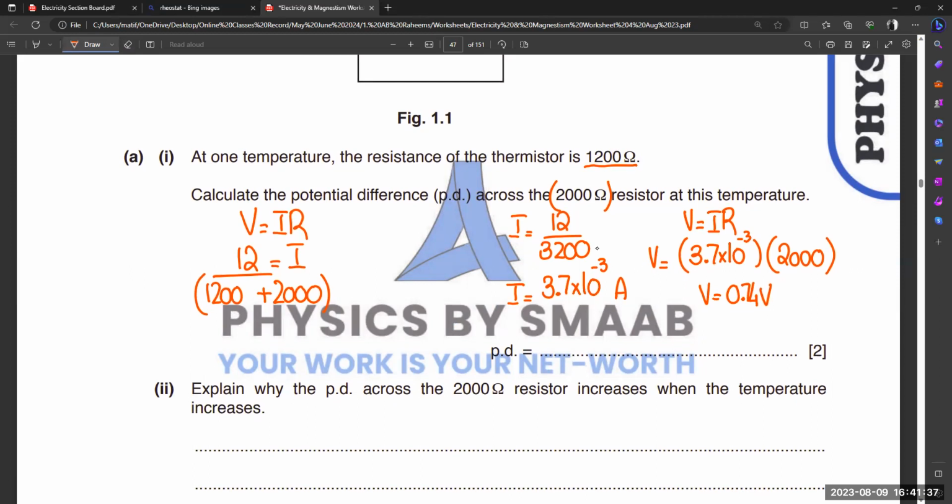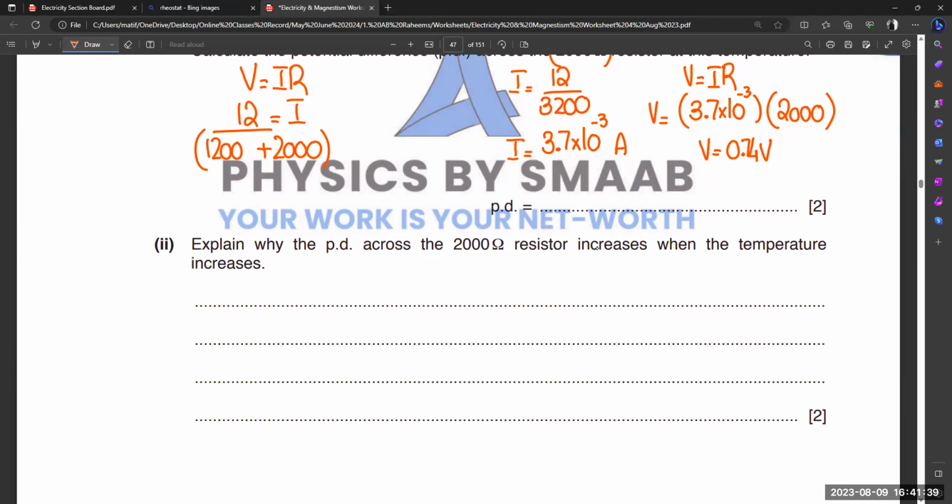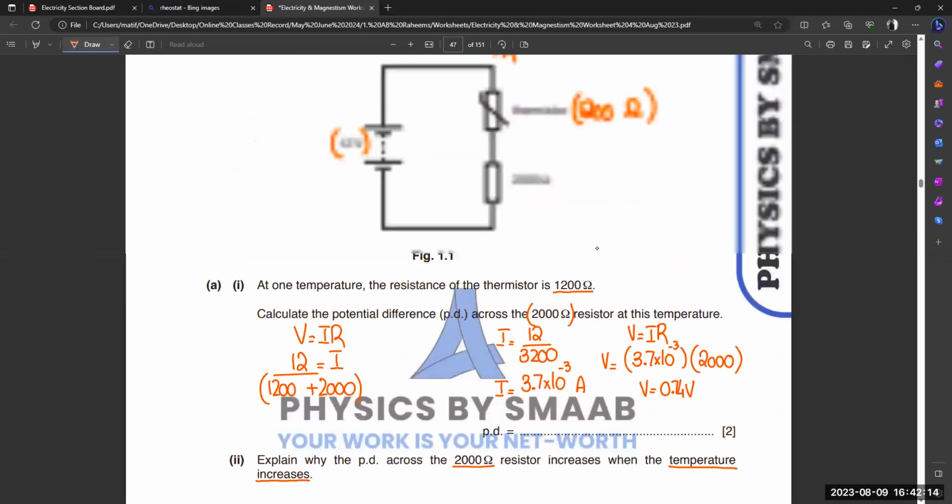And in the second part, they are asking to explain why the potential difference across the 2000 ohm resistor increases when the temperature increases. So how will it increase? Actually, both are interconnected, right?